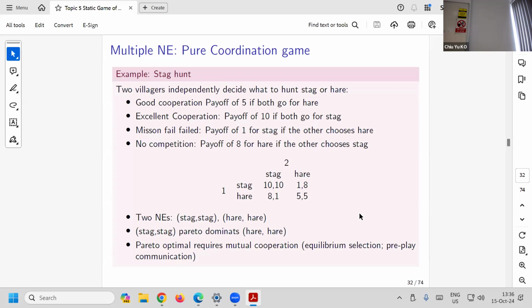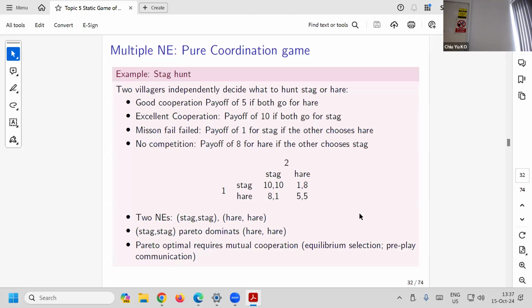So let's check what the equilibria are, right? Or are there any? Remember how we check: for every single cell, you check whether players won't deviate. So you check the first, upper left corner, we have stag and stag with 10 and 10. So check each player, do they have another option that can make them better off?